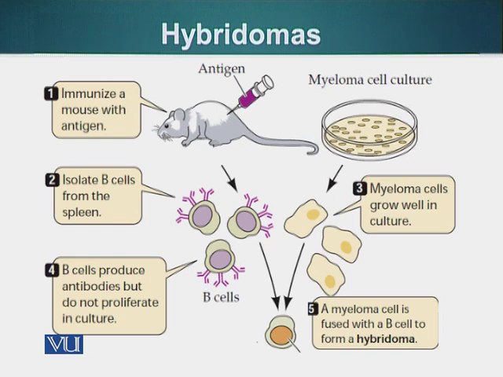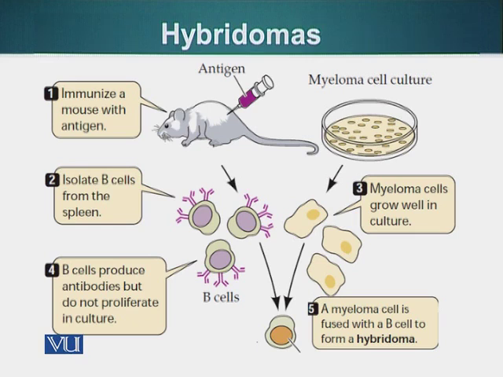B cells will be isolated from the spleen of these animals, where a lot of B cells reside. These B cells, decorated with antibodies against tetanus in our case, will be selected and fused with a type of cancer cell called a myeloma cell.